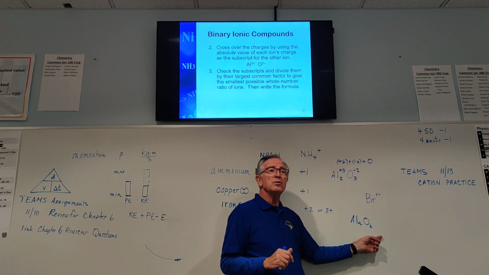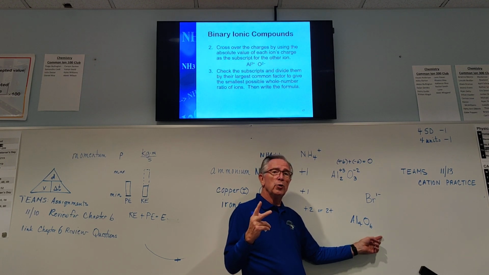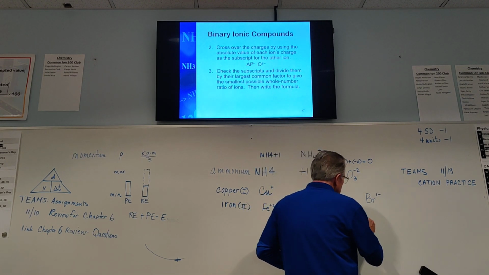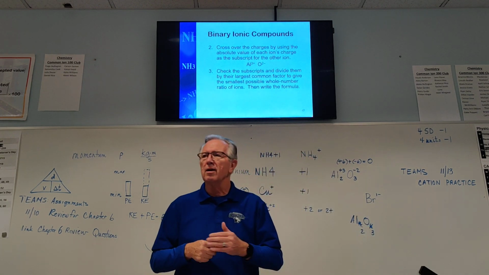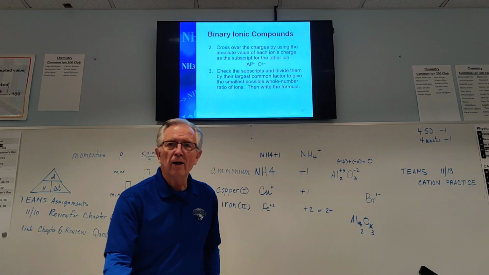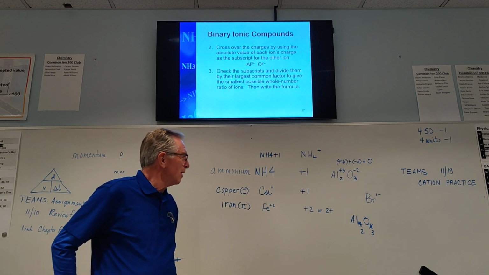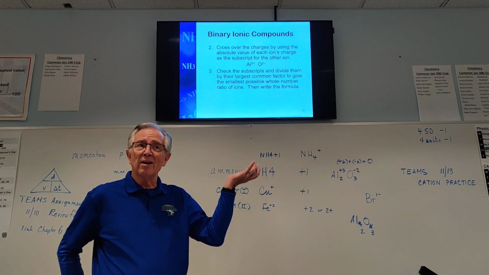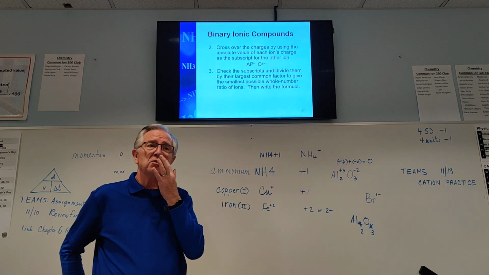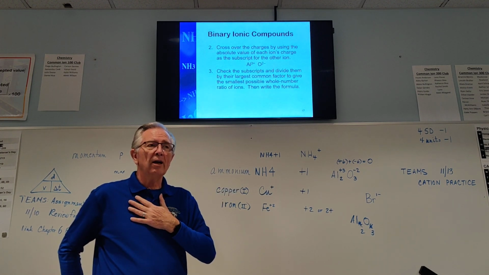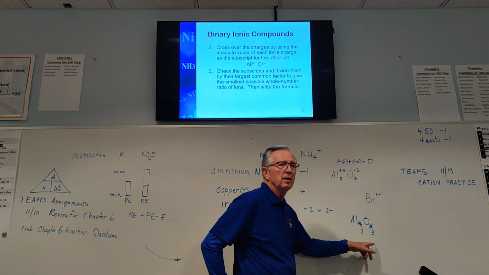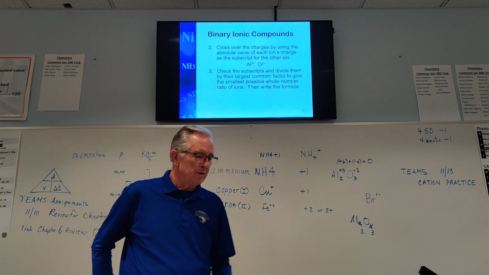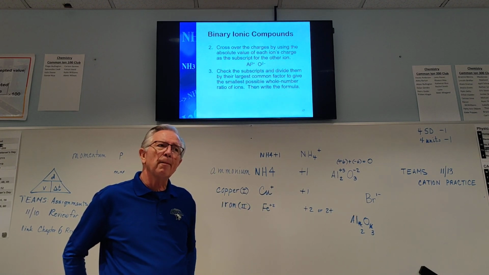No, both of those are divisible by 2, right? So if I divide this one by 2, I get 2 here, and this one by 2, I get 3 here. So the real subscripts are Al2O3, even though I came up originally with Al4O6. I could have gotten them to balance out to be 0 with 4 and 6. It's just that my rules are for ionic compounds, these need to be in the lowest whole number ratio, okay? So sometimes you have to do that extra step.